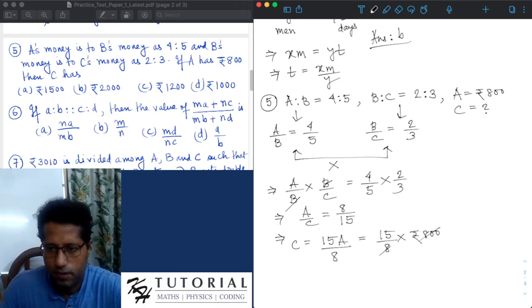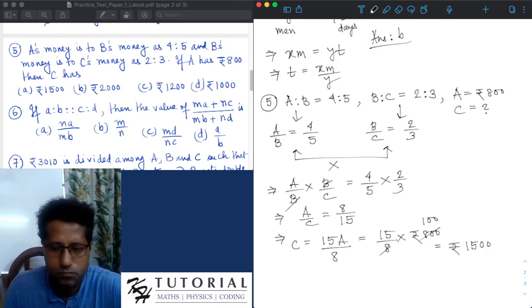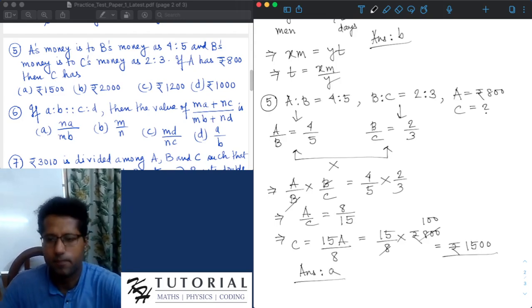So 800 divided by 8, times 15, equals 1500. So C will get 1500 rupees. So the answer is choice A.